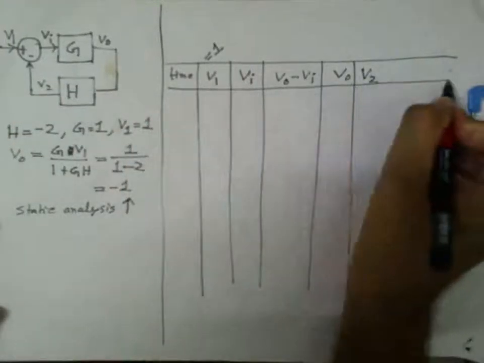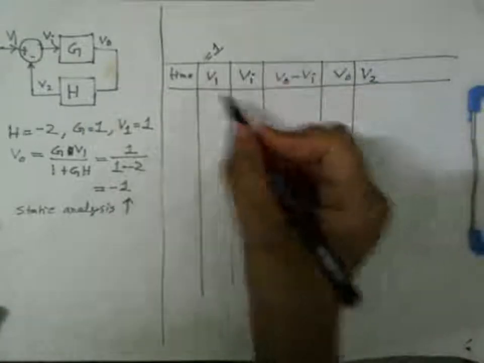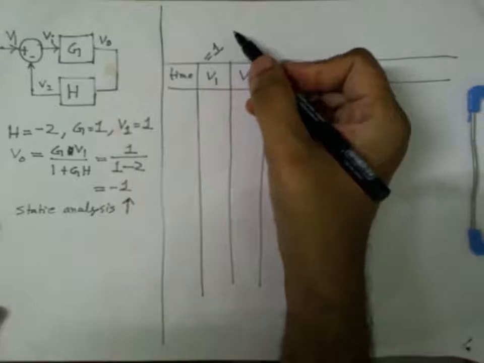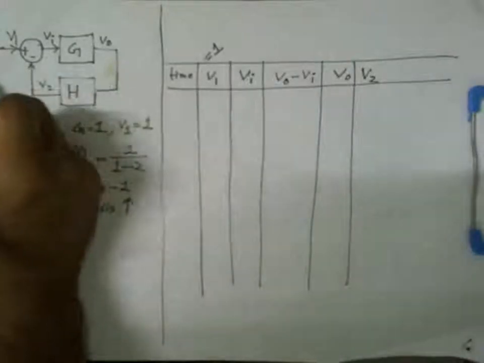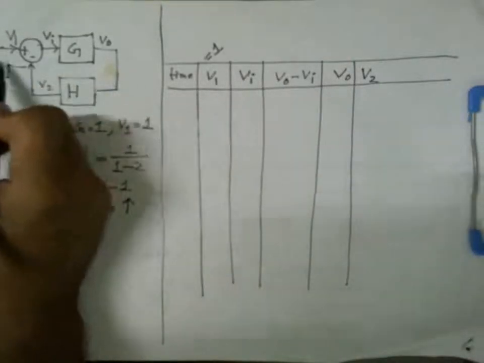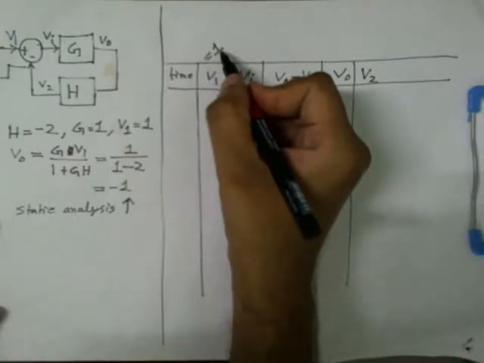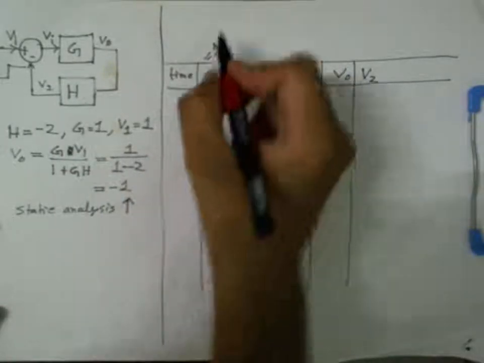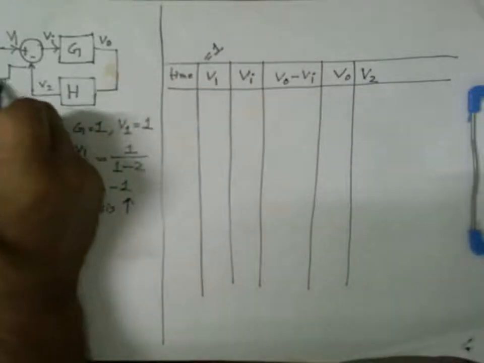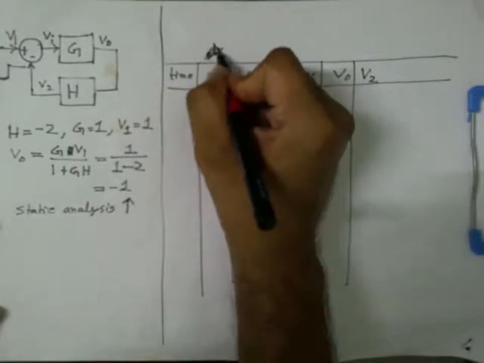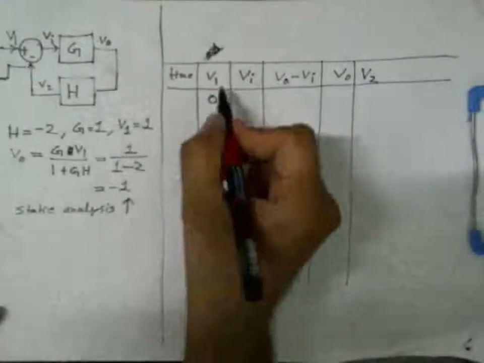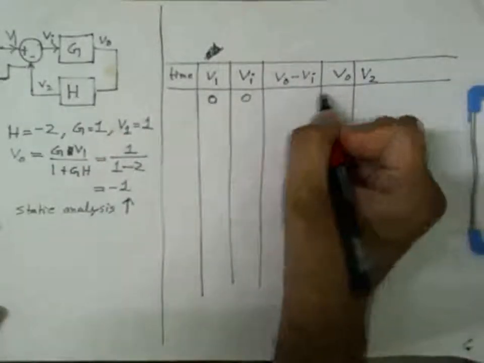The equations that we know are: V1 is always 1. After the step change, we'll always keep it equal to 1. Initially this is 0, and we start with everything equal to 0.